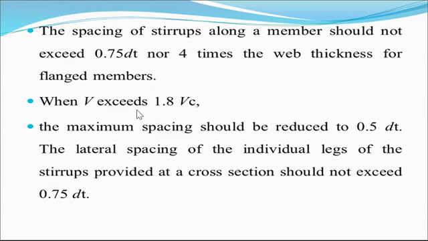So, when we exceed 1.8 times VC, the maximum spacing should be reduced to 0.5 dt. The lateral spacing of the individual leg of the stirrup provided at a cross section should not exceed 0.75 dt.